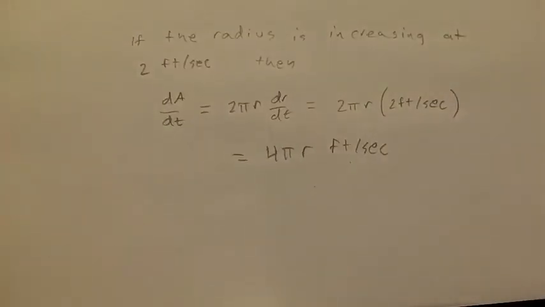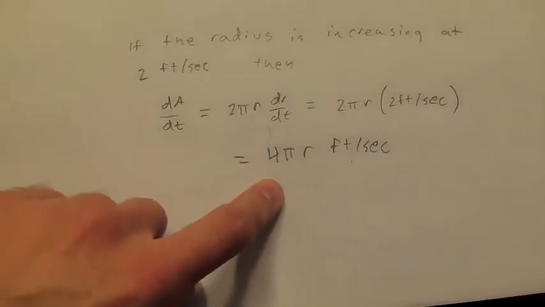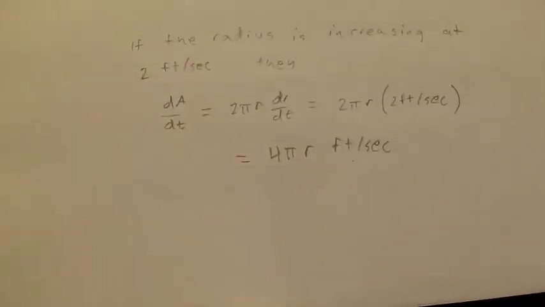Because what this says is that the area is always increasing at 4 pi r feet per second, which means we need more information.